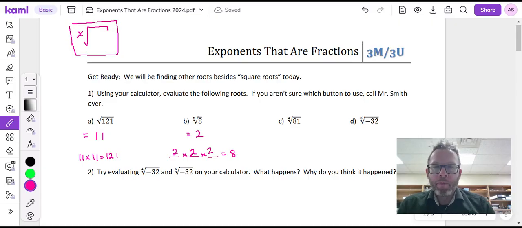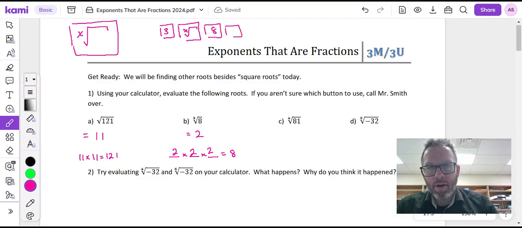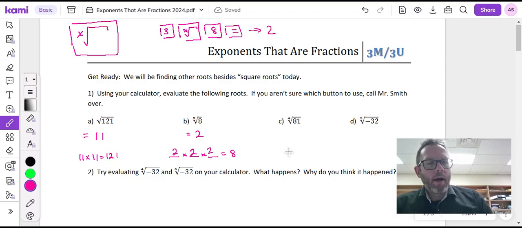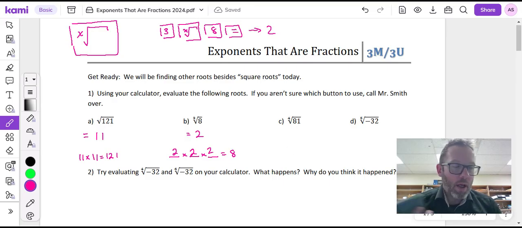So if I was doing the cube root of 8, my keystrokes would be: I would press 3, then my X root button, then 8, and then I would press equals, and it would spit out 2. Everybody's calculator is different. You'll just have to figure this out if you're at home, and then ask somebody when you get back to class.